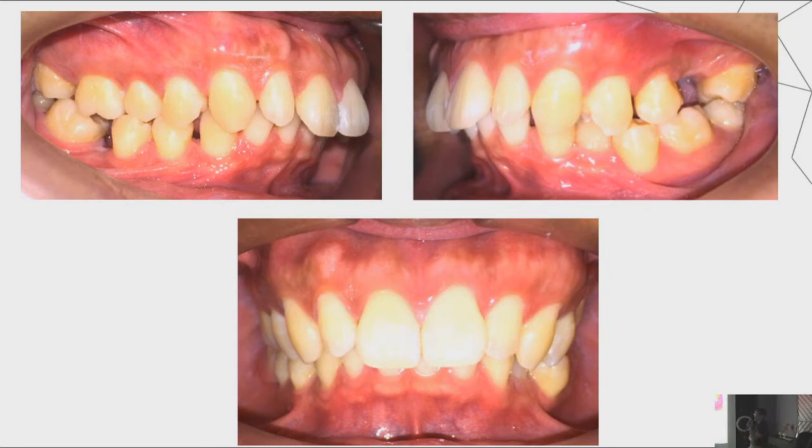My experience with this patient is that I had difficulty placing or keeping the TADs in place. Why? Because of poor bone quality. So it kept on falling off. Why?